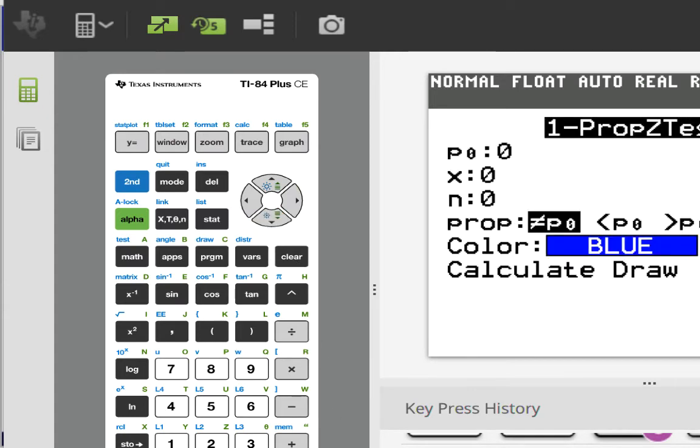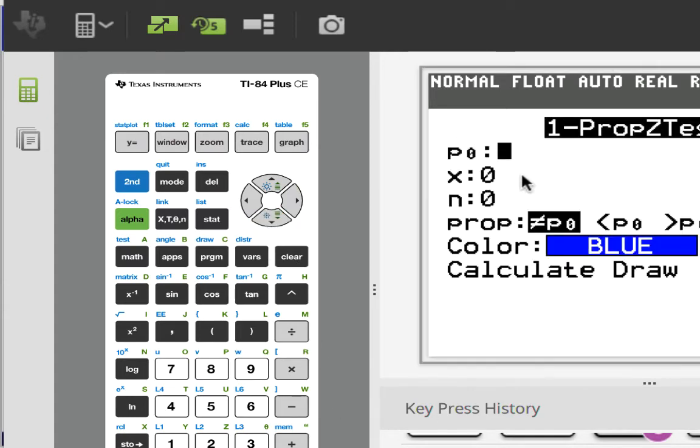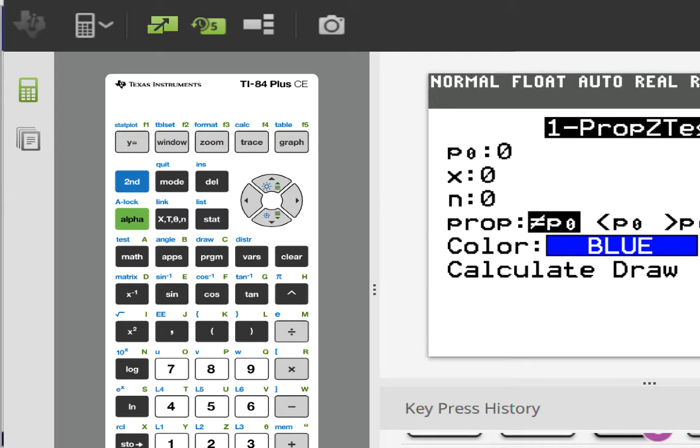Press enter. Now here you're going to fill in the values we were having. So the values we need is P sub 0 first of all. Now remember P0 is 0.5.